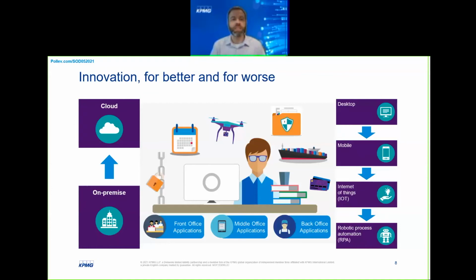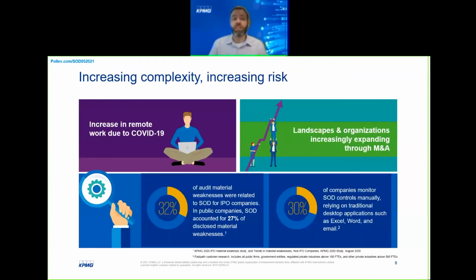And as we move to the next slide, it's not just technology that is driving this, right? There's a lot of things in the market that we're seeing that's pushing some of this increasing complexity and risk. We know that COVID really changed how we work forever, right? 15 months ago, it was completely different. Now we've got remote work from anywhere, flexible work arrangements.